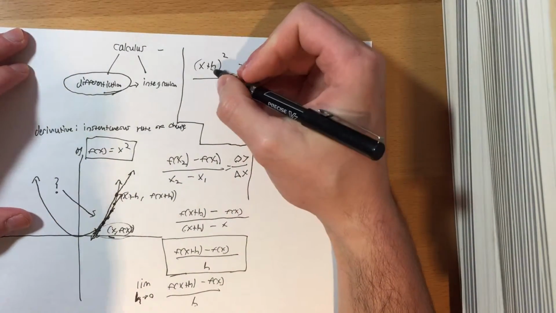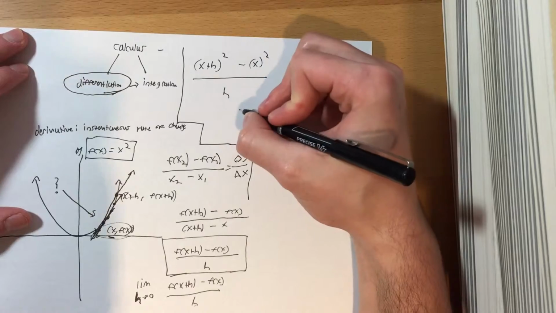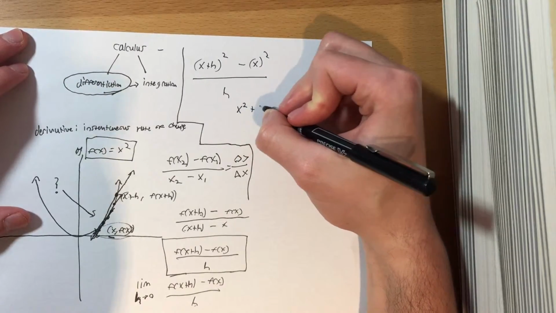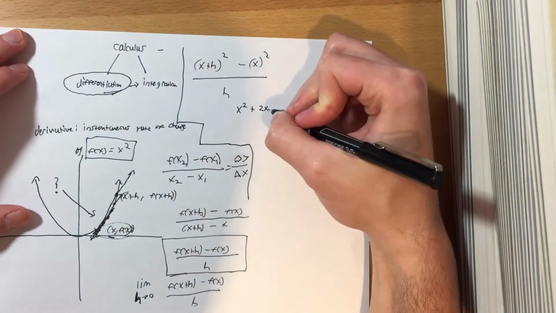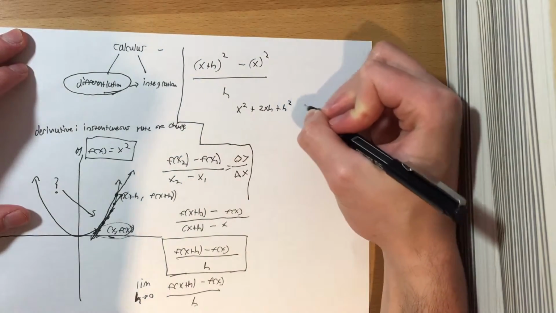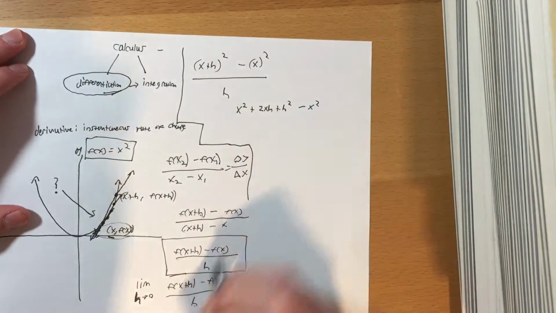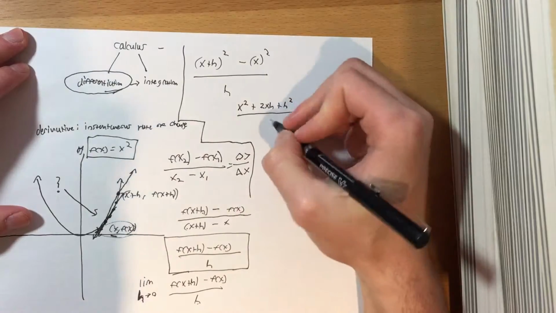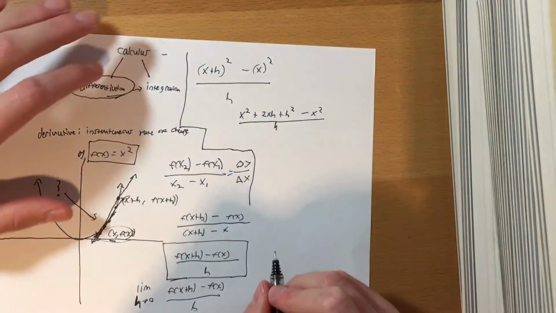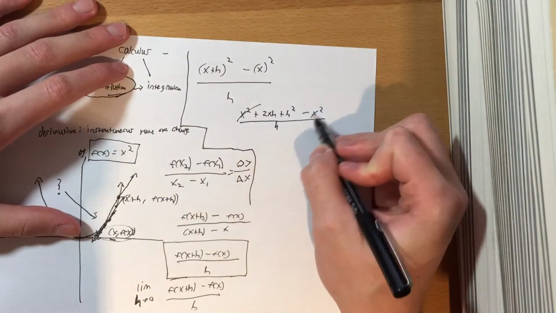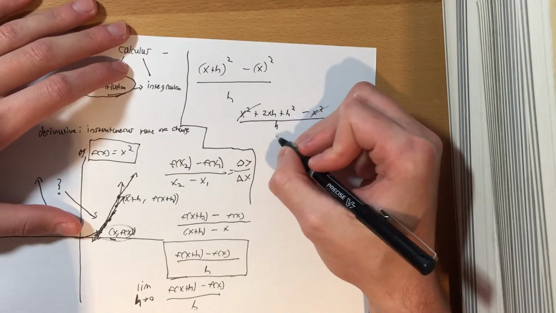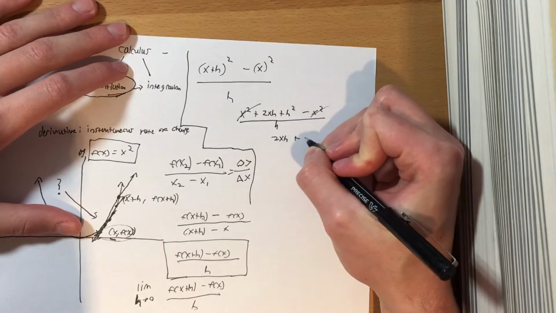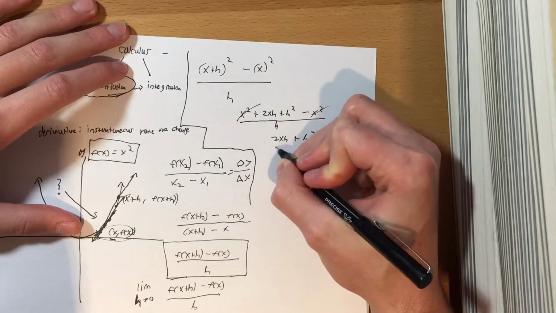Now, if we actually multiply this out, we get x squared plus 2xh plus h squared minus x squared all over h. And this cancels out with this, and then we're left with 2xh plus h squared over h.